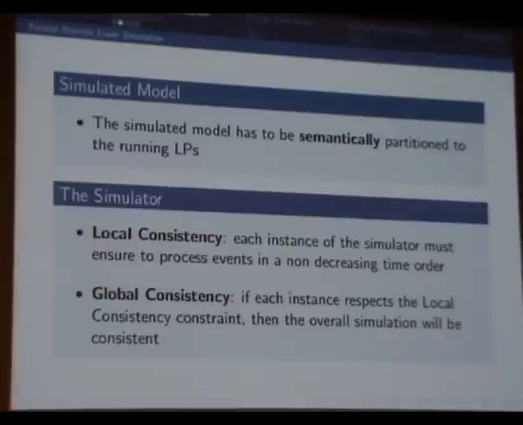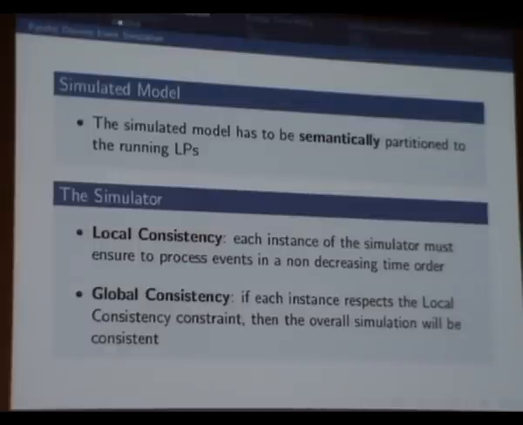The simulator has to perform local consistency and global consistency. So what does local consistency mean? It is guaranteeing that each instance of the simulator processes events in a non-decreasing time ordering. And if we have that, we can guarantee that we will have global consistency.